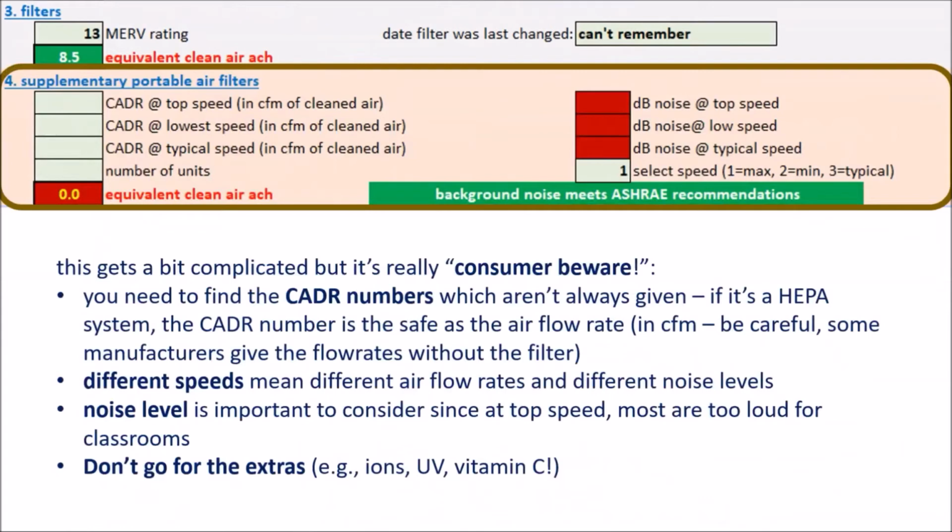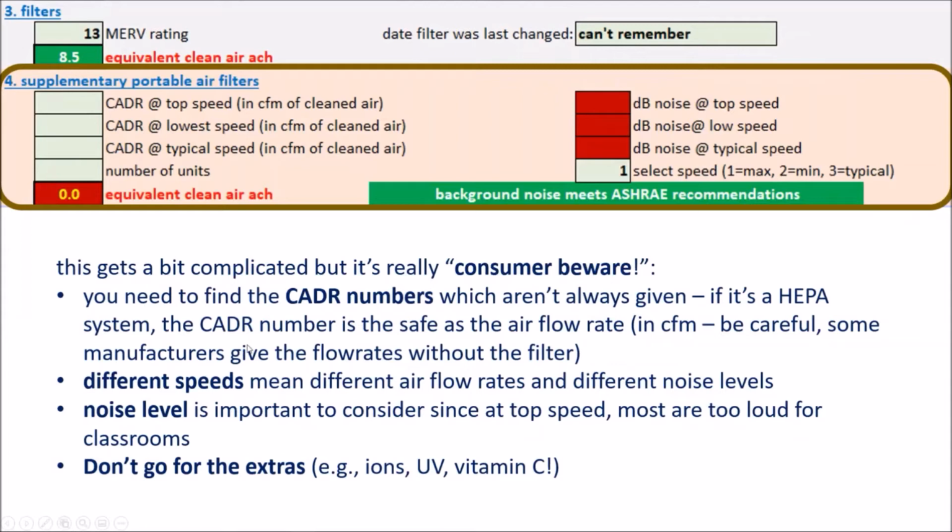Well, this gets a bit complicated and it's really consumer beware. You can find the CADR numbers, although they're not always given, but if it's a HEPA filter, then the CFM would be appropriate. But be careful, some manufacturers actually give their flow rates without the filter, and you have to read the fine print to find out the airflow with the filter.